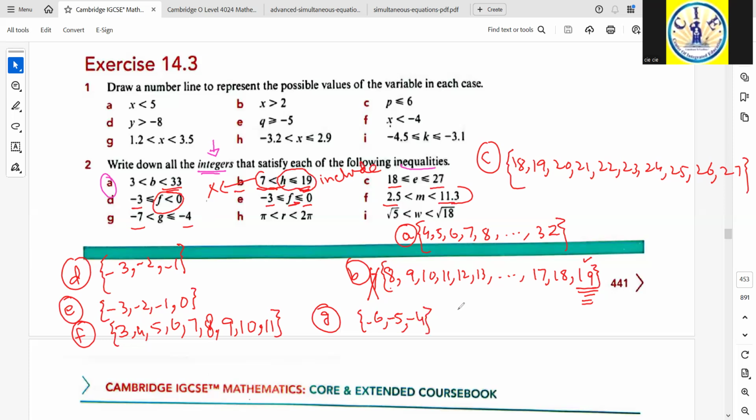Then part H, values of r between pi and 2 pi. And since this is, let's suppose 1 pi and then 2 pi, and we need to have the integer values.